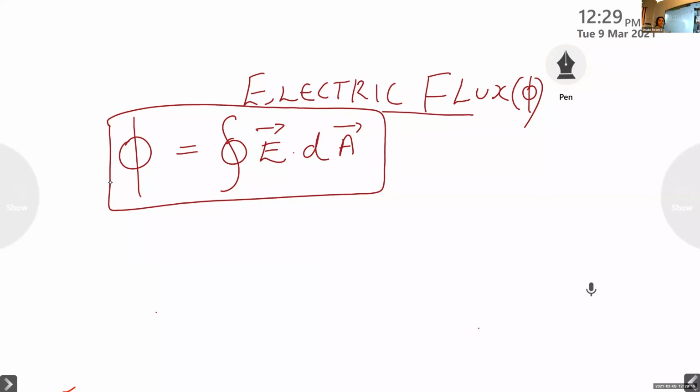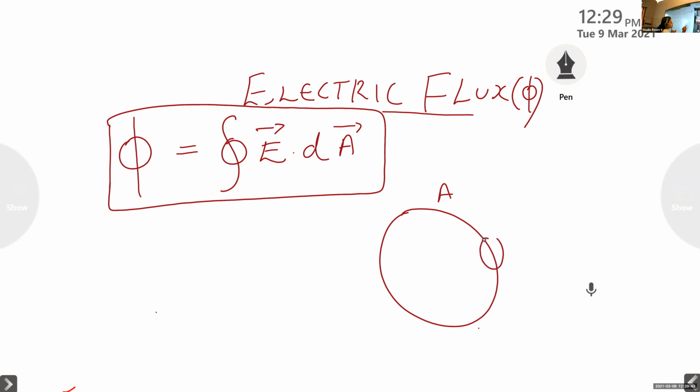So this is the third definition of electric flux. That is, the electric flux is the closed surface integral of the electric field vector E and the area vector dA. Okay, this is our third definition. To derive this, we considered a sphere with an area A, but wanted the electric flux of a small area.